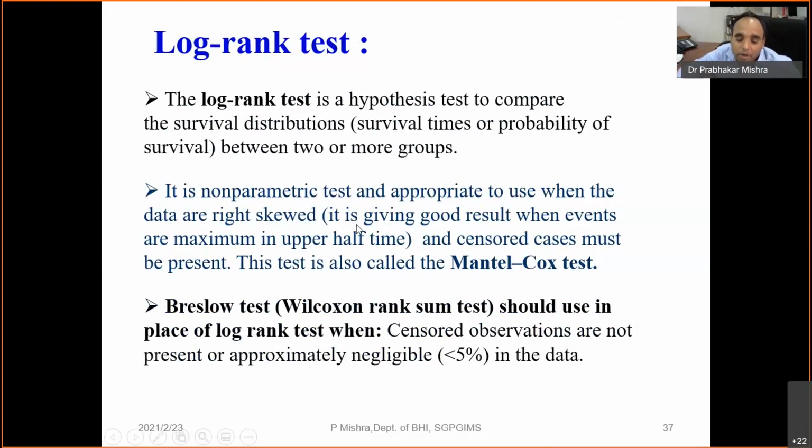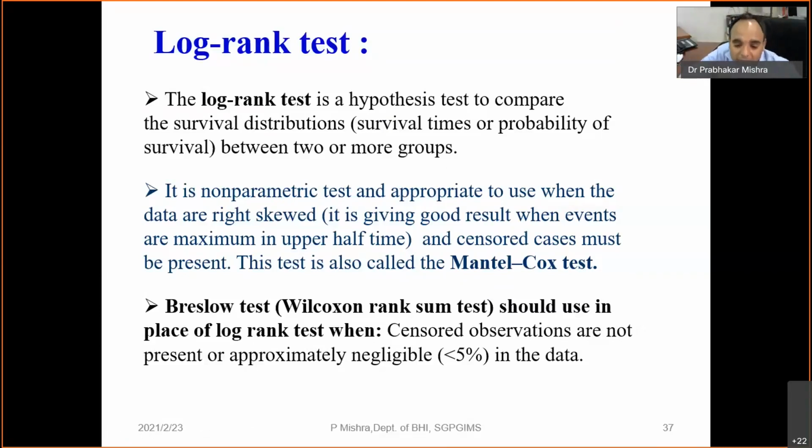It is a very important and interesting point that it is a non-parametric method, because the log-rank test further calculates the p-value by using the chi-square test. It means Kaplan-Meier calculates the p-value by using the log-rank test, and the log-rank test calculates the p-value by using the chi-square test.